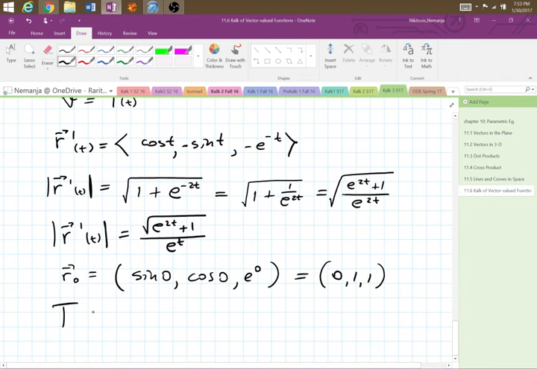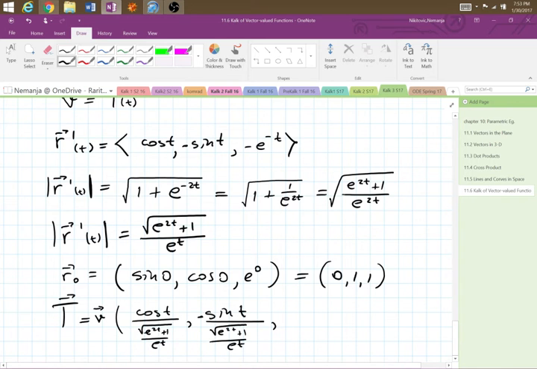And the vector T, which is our v, is going to be what? Cosine t divided by square root of e to the 2t plus 1 over e to the t, comma sine t, negative sine t, comma e to the negative t divided by square root of e to the 2t plus 1 over e to the t.